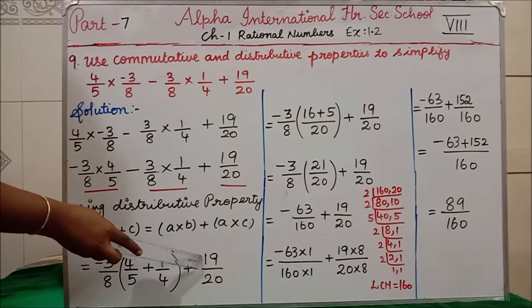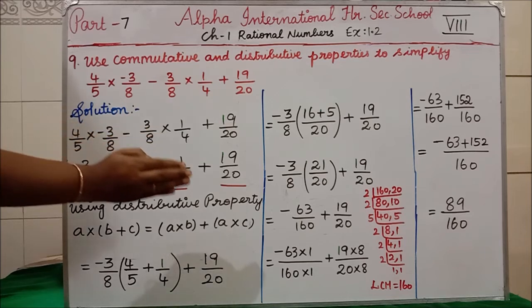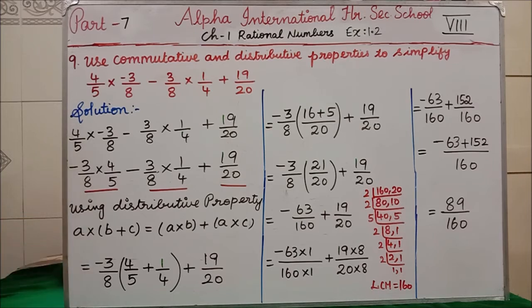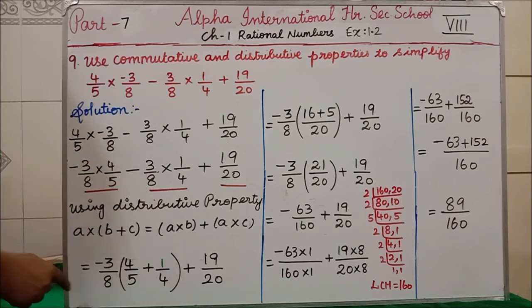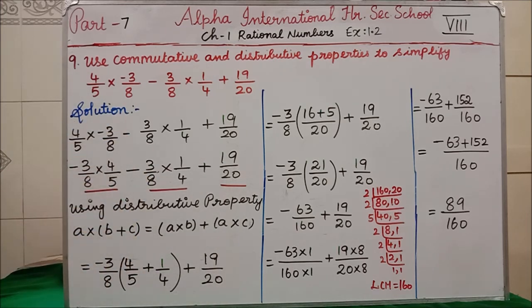Plus 19 divided by 20 you have to write as such. The right hand side part was given as the question, and now we are writing the LHS part as the answer. Taking minus 3/8 commonly, remaining is 4/5, then plus 1/4, then the last term is 19 divided by 20. Up to this all of you are clear? Next step, inside the bracket first we are going to simplify. See here, in between there is a plus sign.